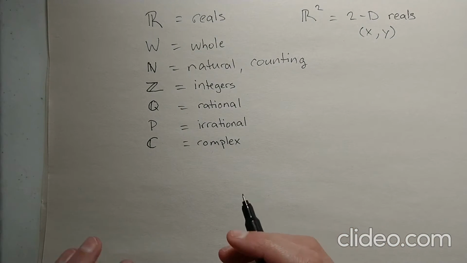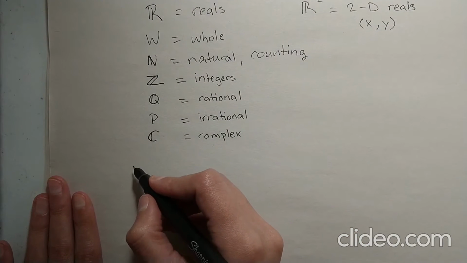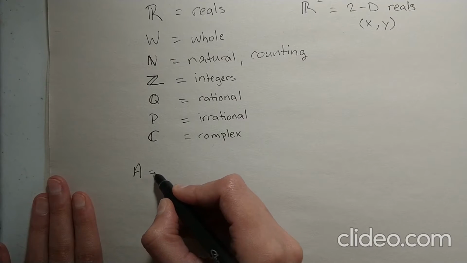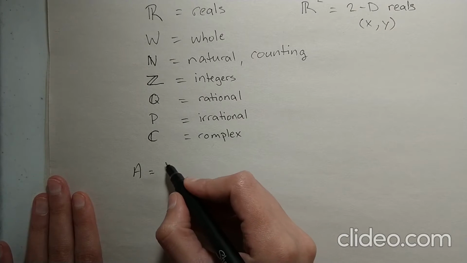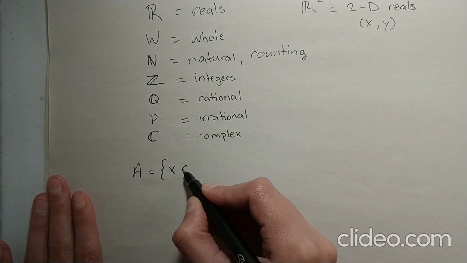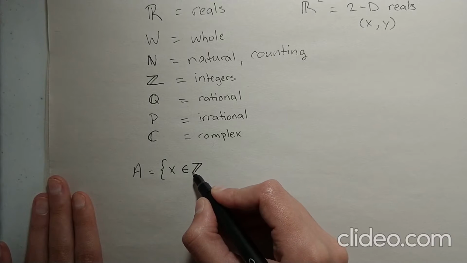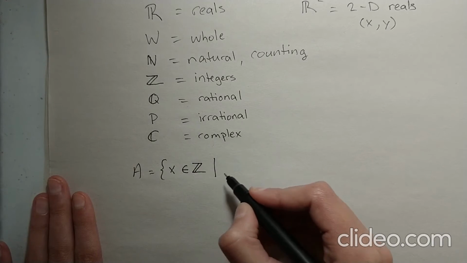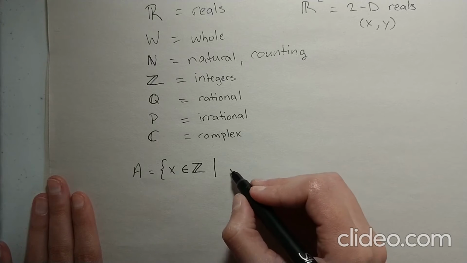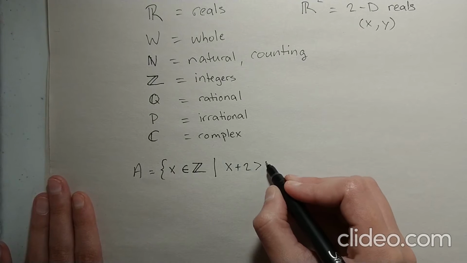All right. So we have the set builder notation. So we're going to say that A is the set in which X is a subset of, we're going to say integers for this one, such that, it's going to be a long vertical line, X plus 2 is greater than 4.